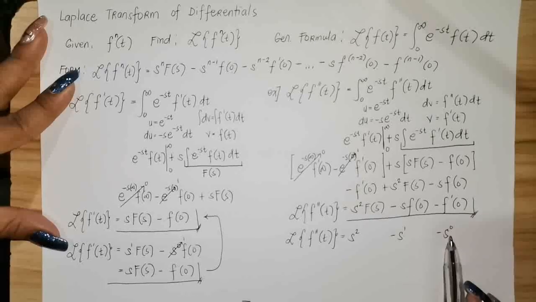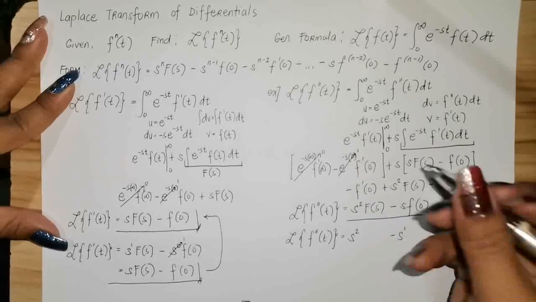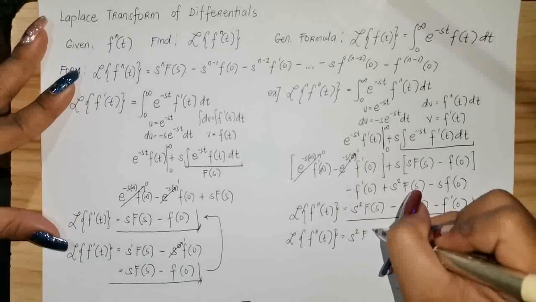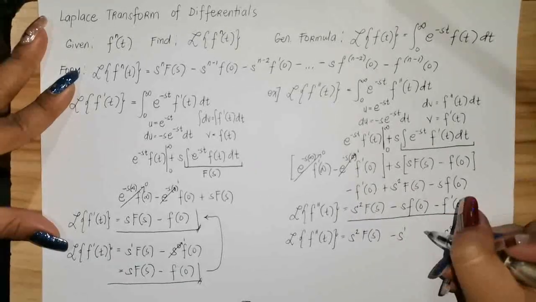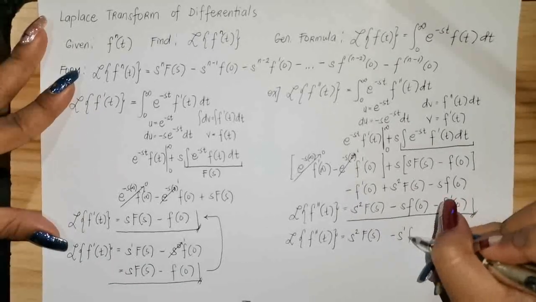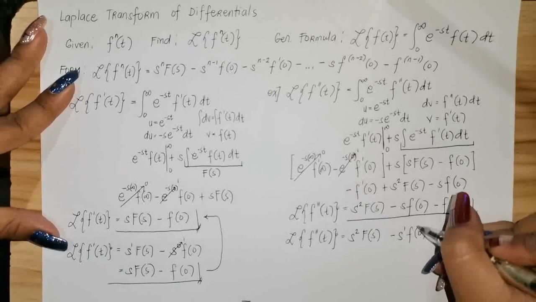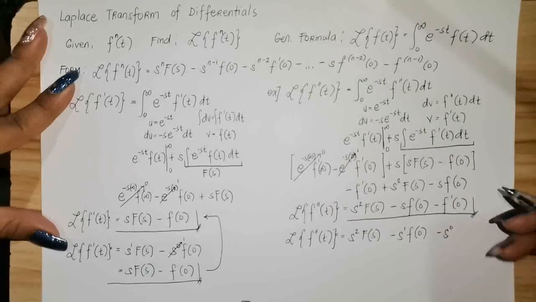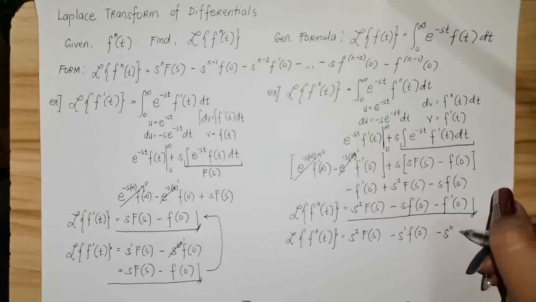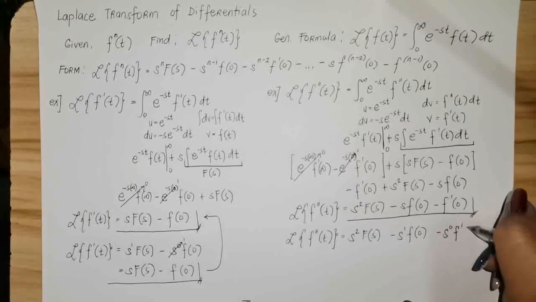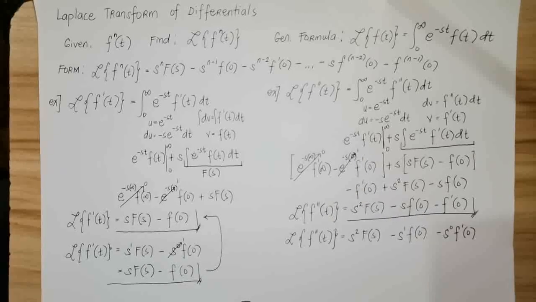So we stop at s raised to 0. Then the first term must be multiplied to F of s, the second term must be multiplied to f of 0. Then for f of 0, the derivative goes up, so the next one is the first derivative of f of 0.